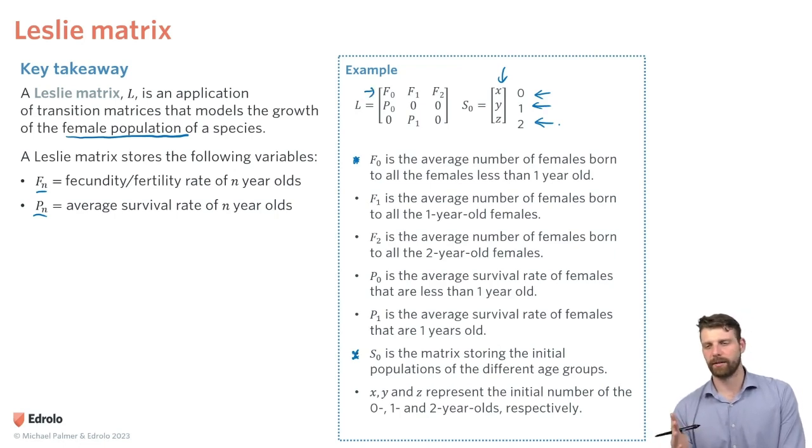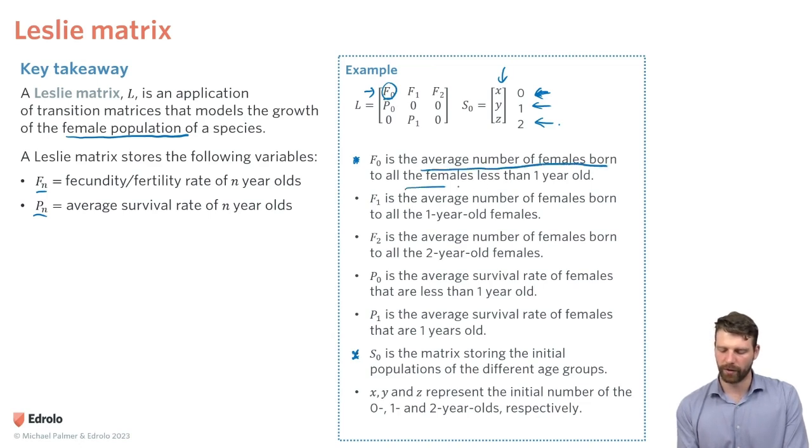And fertility here doesn't mean all the population of this age group that can make offspring. It's the ones that do. So this is the average birth rate we expect from this particular age group. So this position here, F0, is the average number of females born to all the females less than 1 year old.